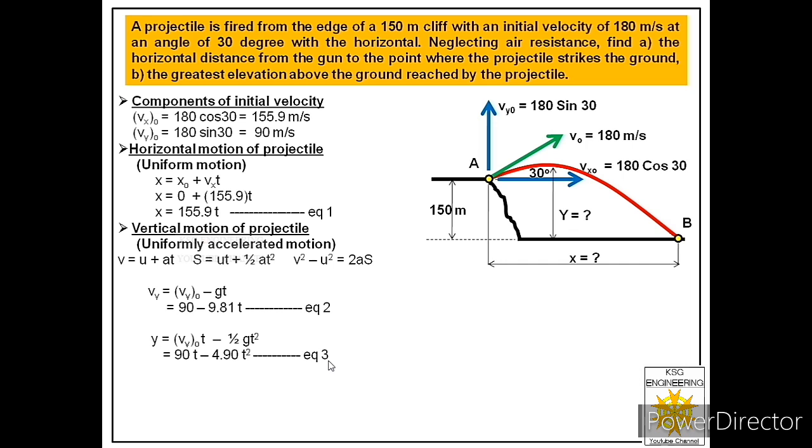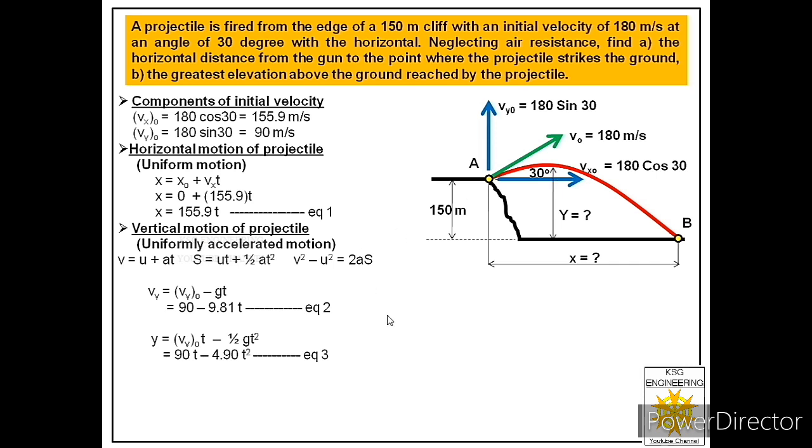Now after this we will focus on the third equation, that is v square minus u square is equal to 2as. Now for this problem, for this motion, v is the final velocity of the projectile along y direction, that is vy. U is initial velocity of the projectile along y direction, that is vy naught. And g is acceleration due to gravity and s is this vertical distance, small y.